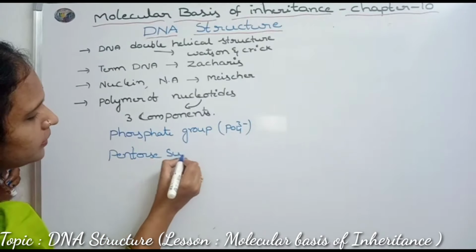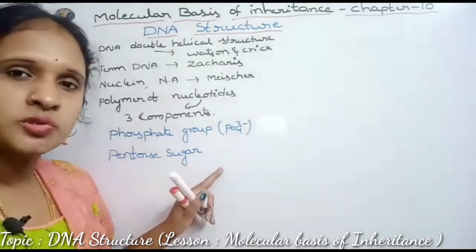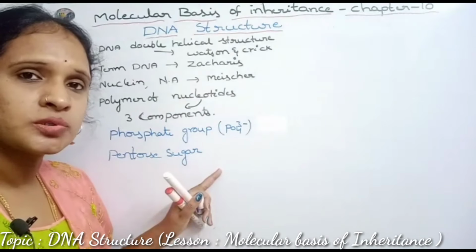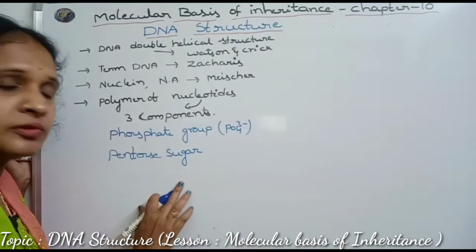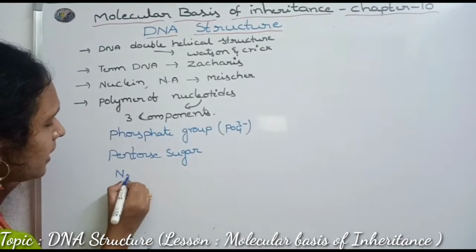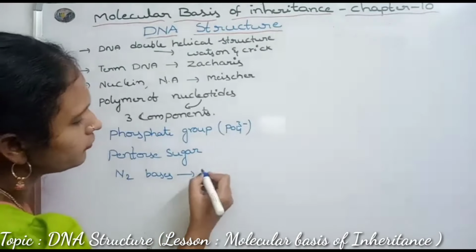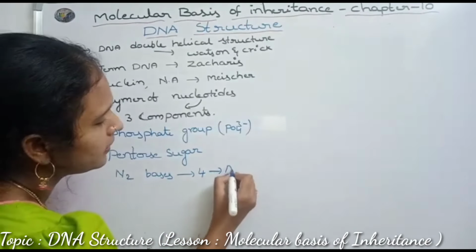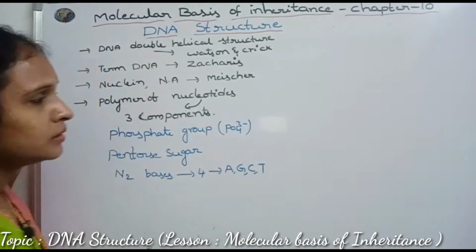In DNA there is deoxyribose sugar, in RNA there is ribose sugar, the pentose sugar group. And next one, nitrogen bases. The nitrogen bases are 4: adenine, guanine, cytosine and thymine.